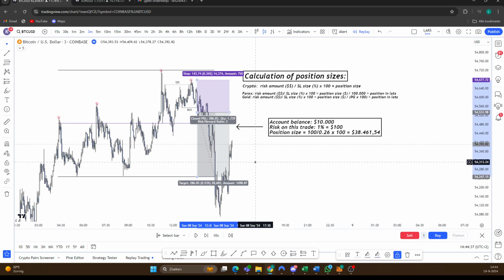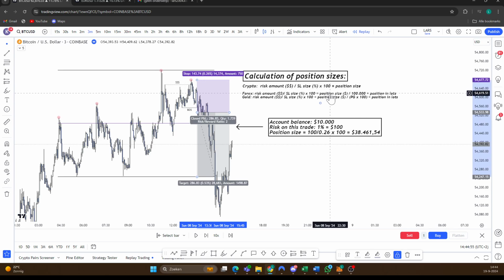Now, to calculate our position size for crypto, we use the formula: risk amount in dollars divided by your stop loss size in percentage, times 100. That equals your position size.